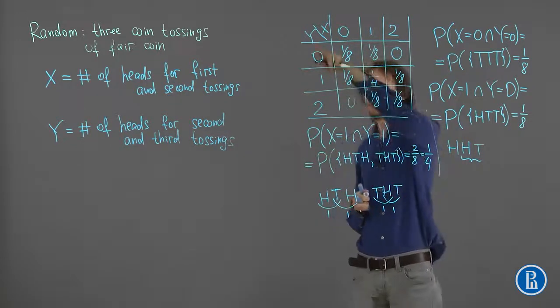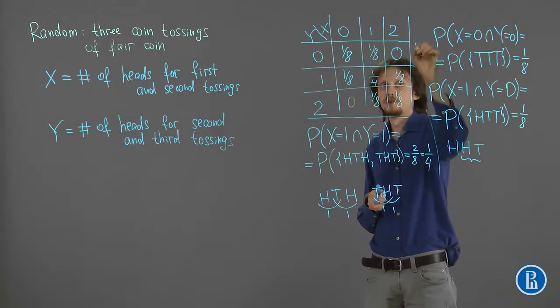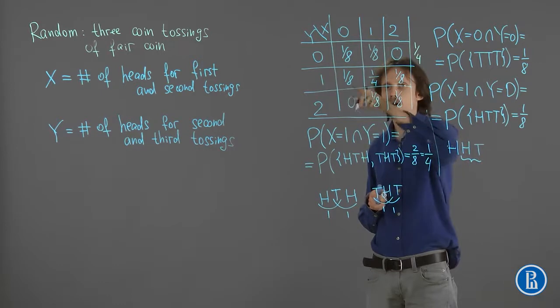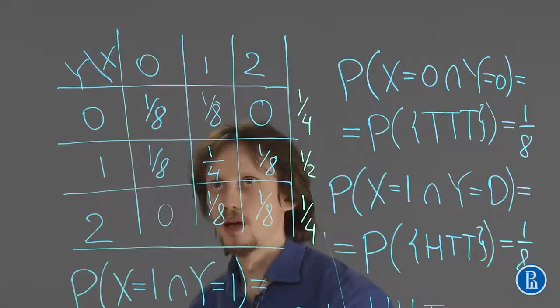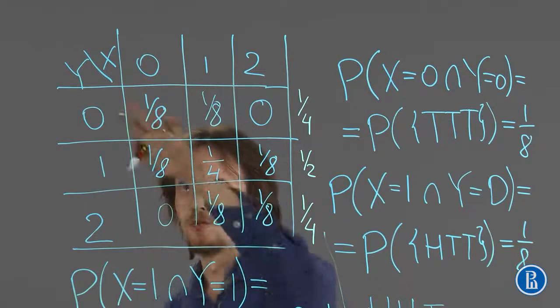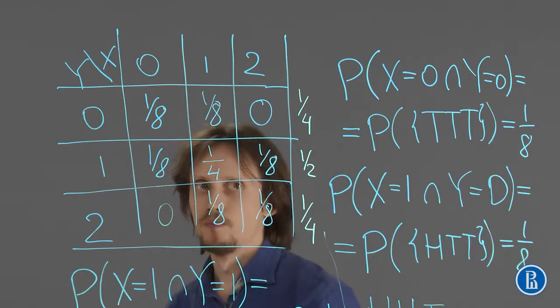We can do it, for example, for y. To do it, we have to find sums over this row, and we have 1 over 4 here, 1/2 here, and 1 over 4 here. We can see that the marginal distribution of x is actually the same.